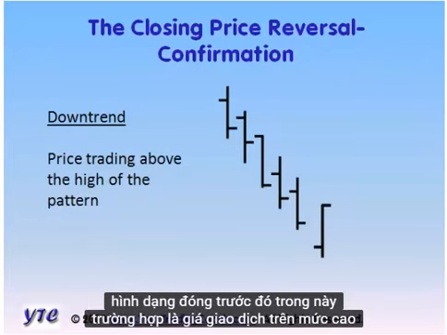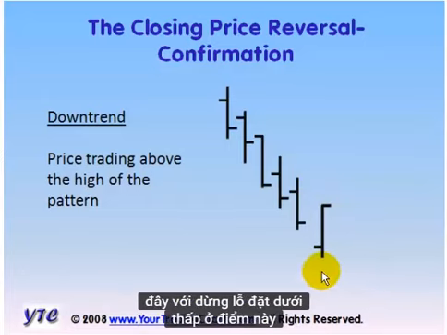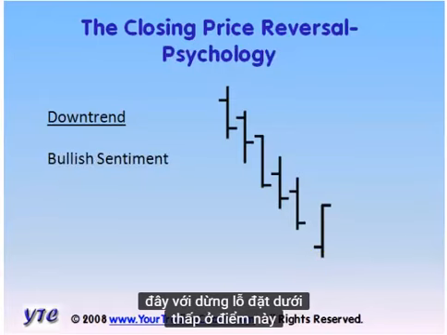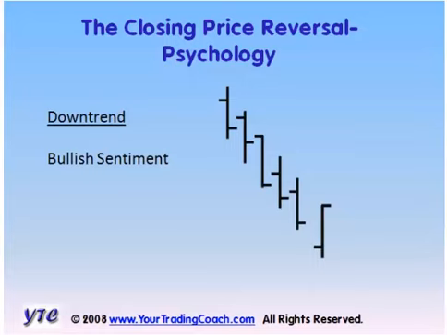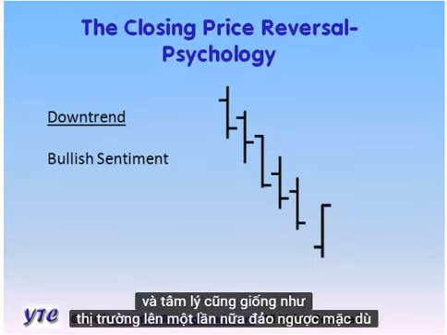Confirmation in this case is price trading above the high here, with a stop loss placed below the low at this point here. And the psychology is the same as the market top, once again reversed though.